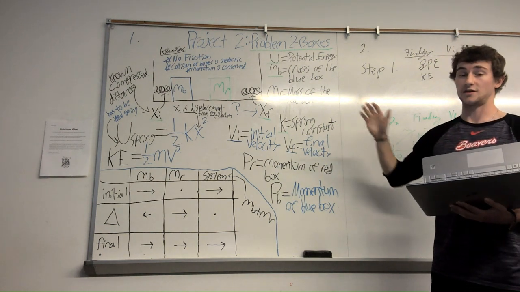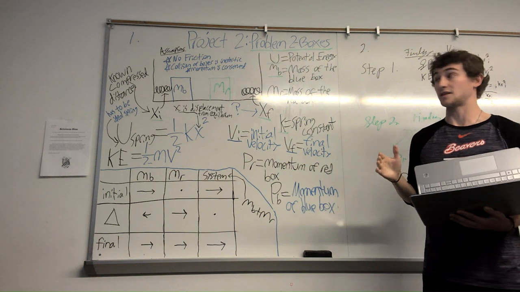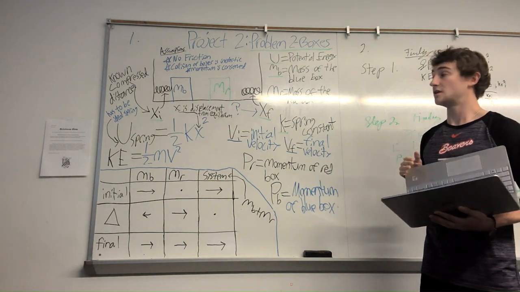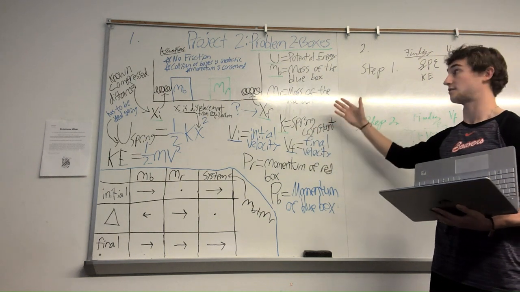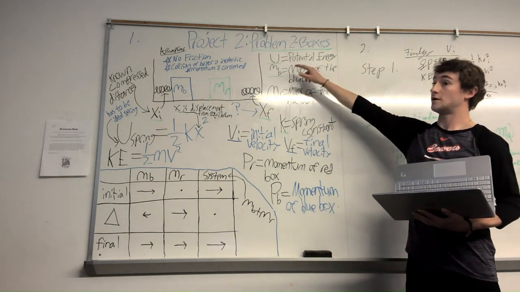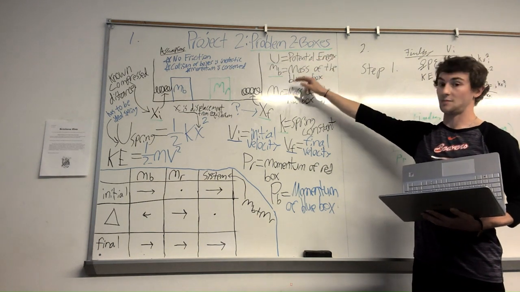Something else important to note is that there aren't any numbers involved in any of these solving situations, so we decided to denote every quantity with just letters and known masses. U represents potential energy. I already described what MB and MR are.